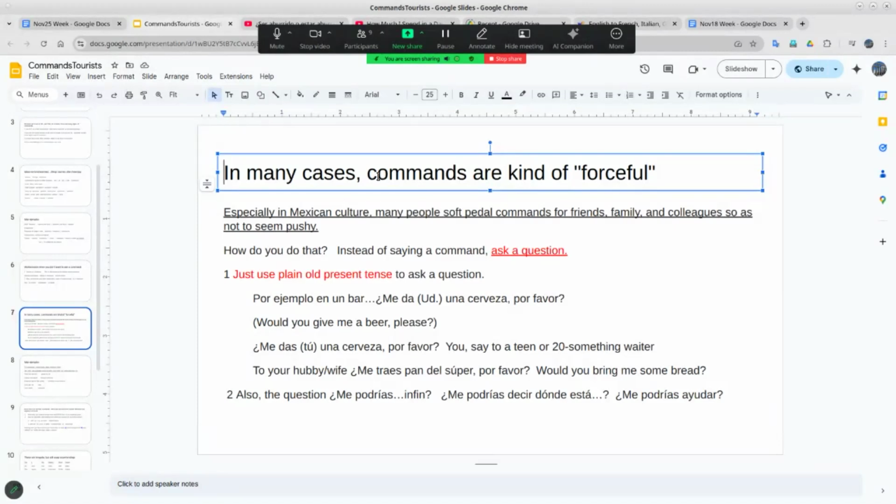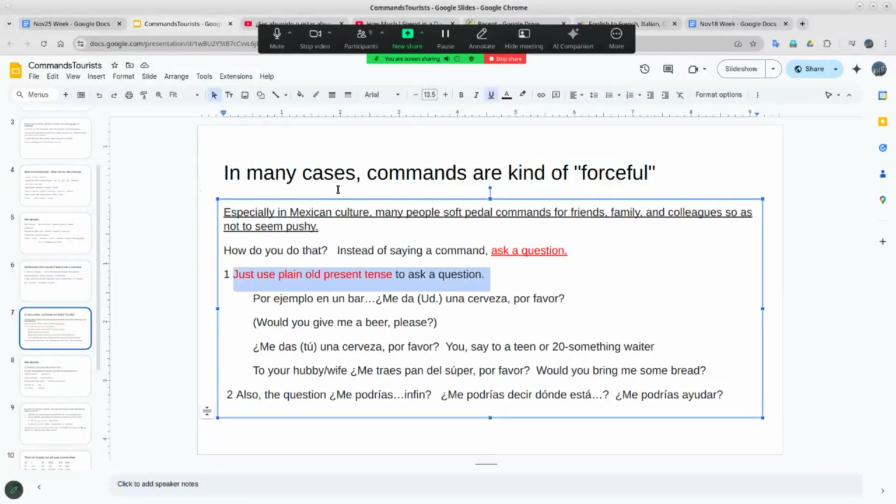But sometimes they see that as just over the line, in your face, and too pushy. So quite often, you're with your favorite bartender who waits on you all the time, or your favorite waiter that you see every week because you go to the same restaurant all the time.